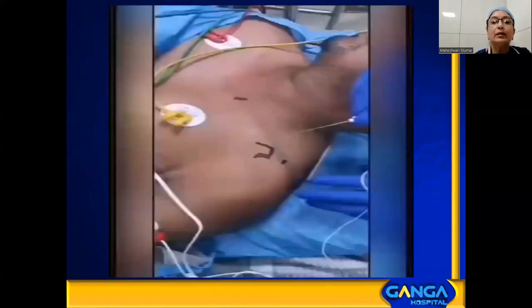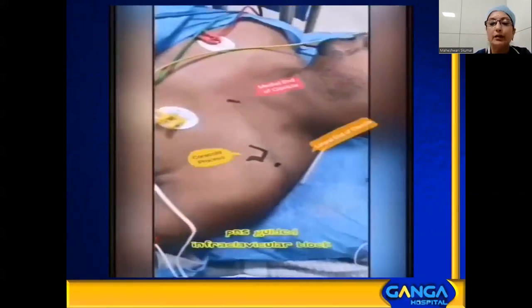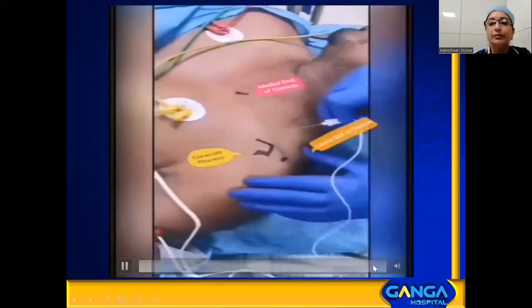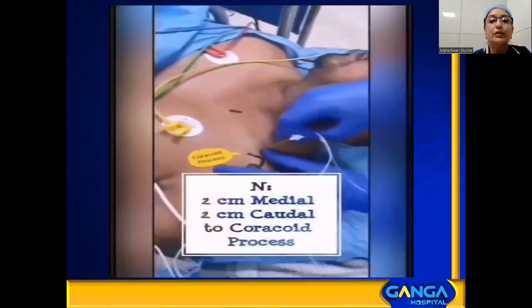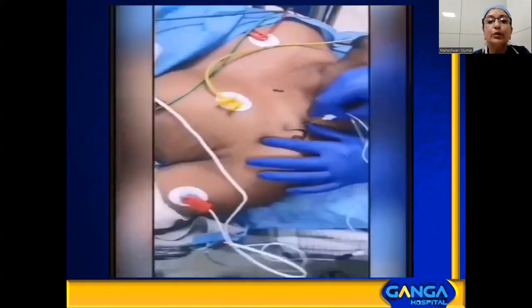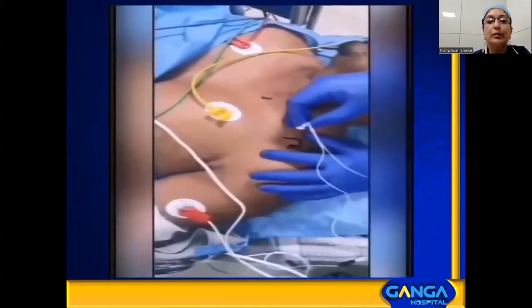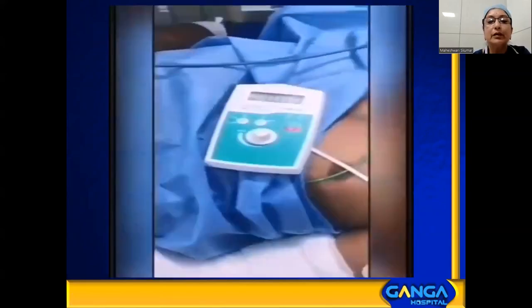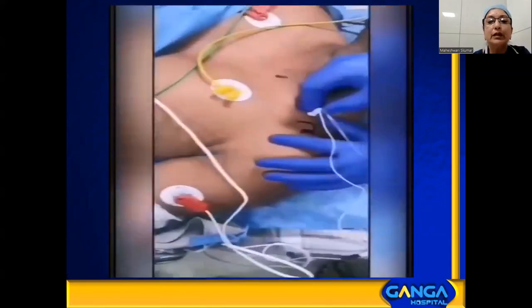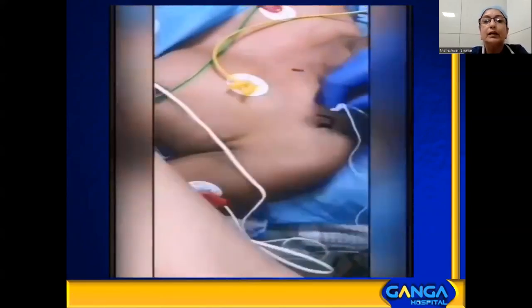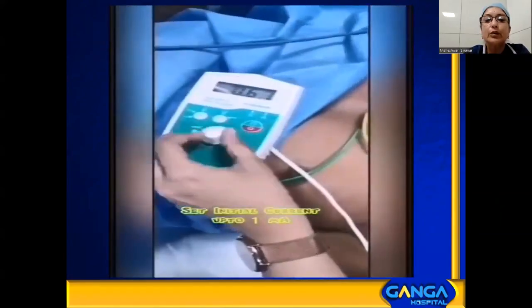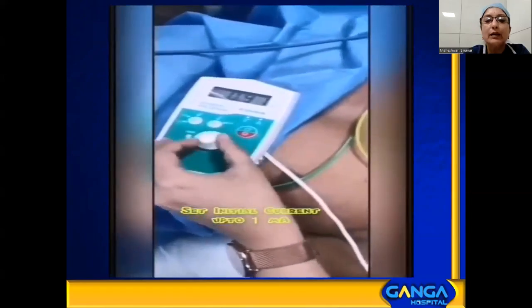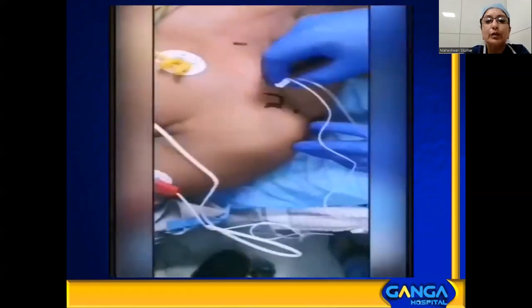In this slide, I will tell you how we do the infraclavicular block. If you see, the coracoid process is identified, and 2 centimeters medial and 2 centimeters inferior is the point of entry taken, and the needle is inserted at 90 degrees at around 1 to 2 centimeters down, and you get the end motor response.